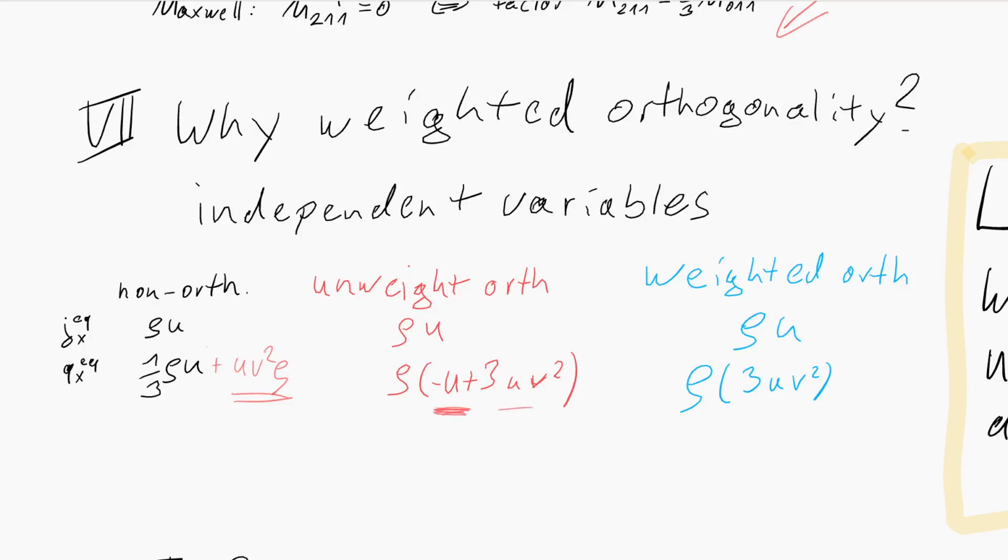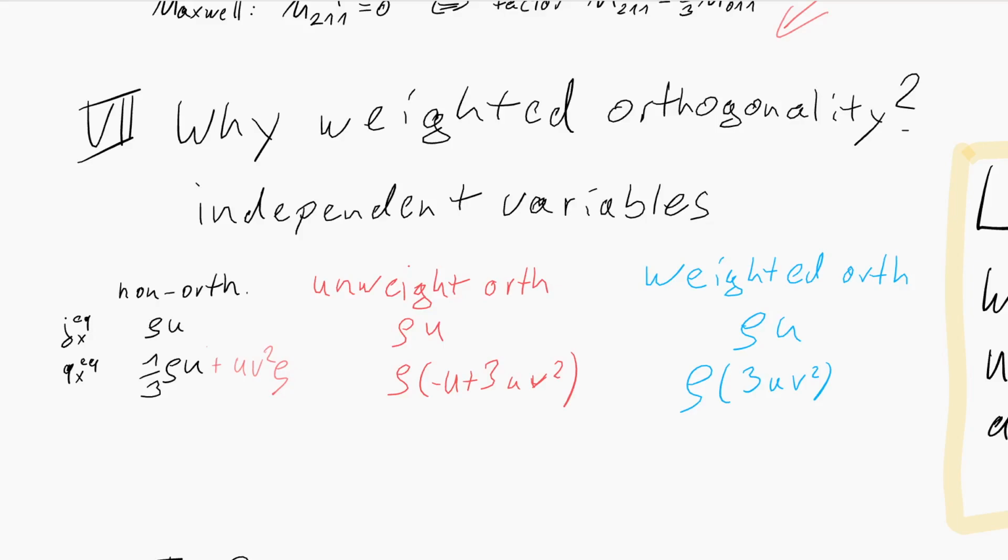Back here, this is a different monomial, u times v square, so this is okay. But strangely enough, previously we had u here, and now we have minus u here. So we were actually not successful in making it independent of u. We just put u in the other direction.